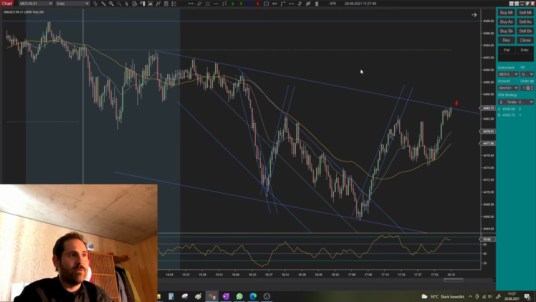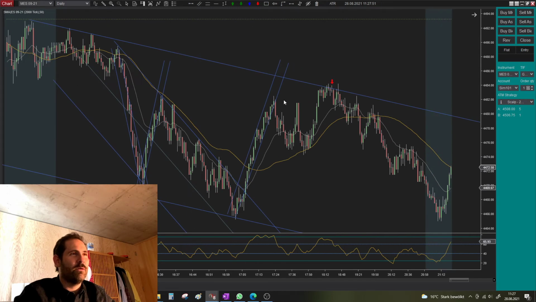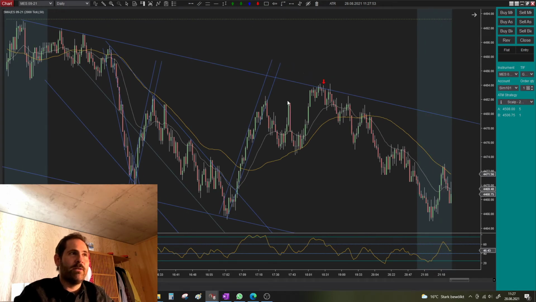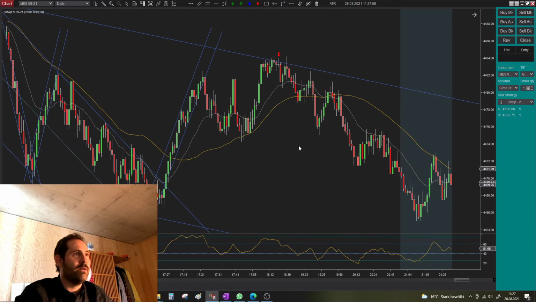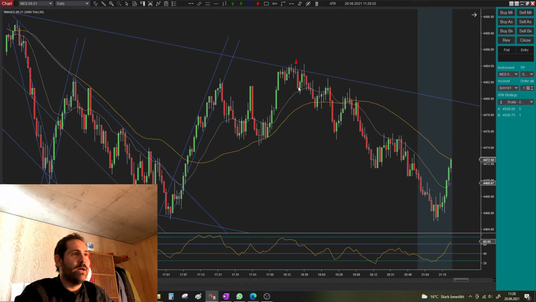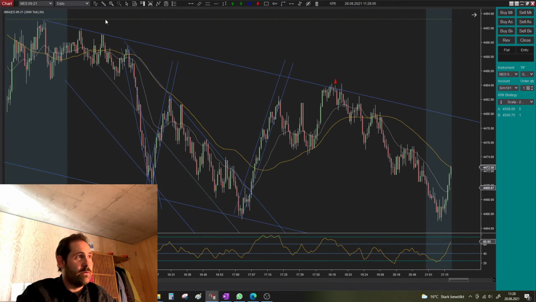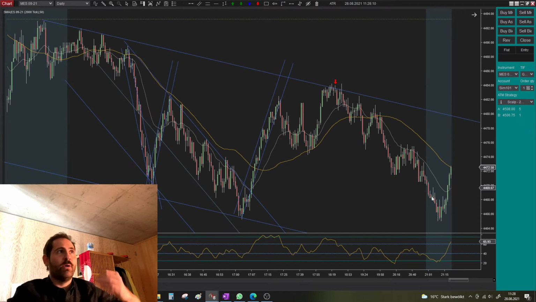Then next day I have to show something because it's one of my really favorite patterns in the world, and it's the 3 push higher above the EMA. I talk about it often. The point is that price action wise, it has to suit your direction. We had a big surge down, so I expect a possible second surge down later on.